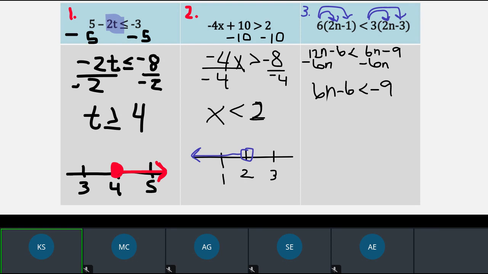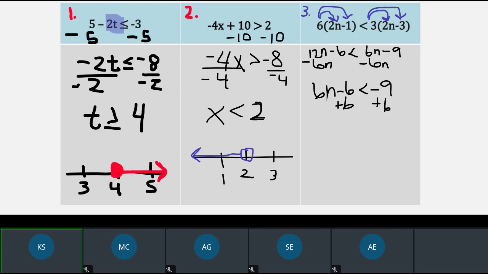All right, anybody got the next step for me? What would my next step be? Anybody? Yeah, good. Add 6. So I'm going to add 6 because we had 6 times n minus 6.